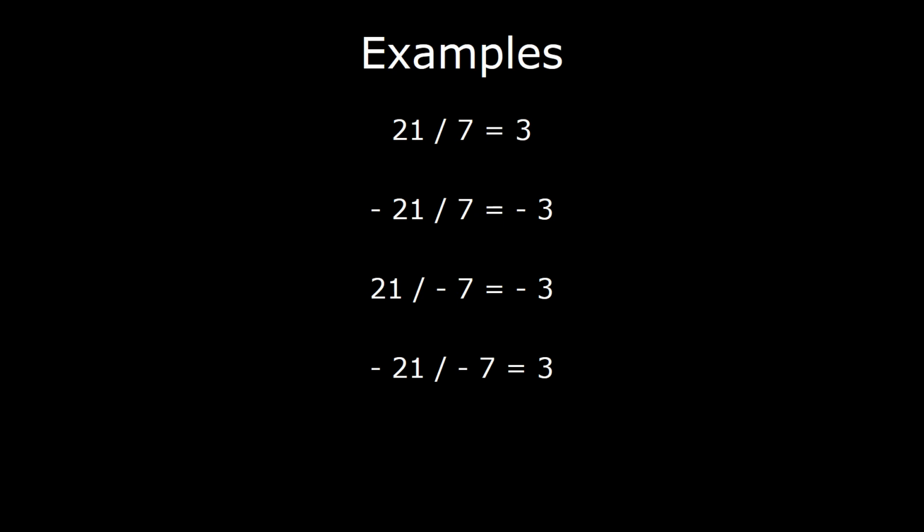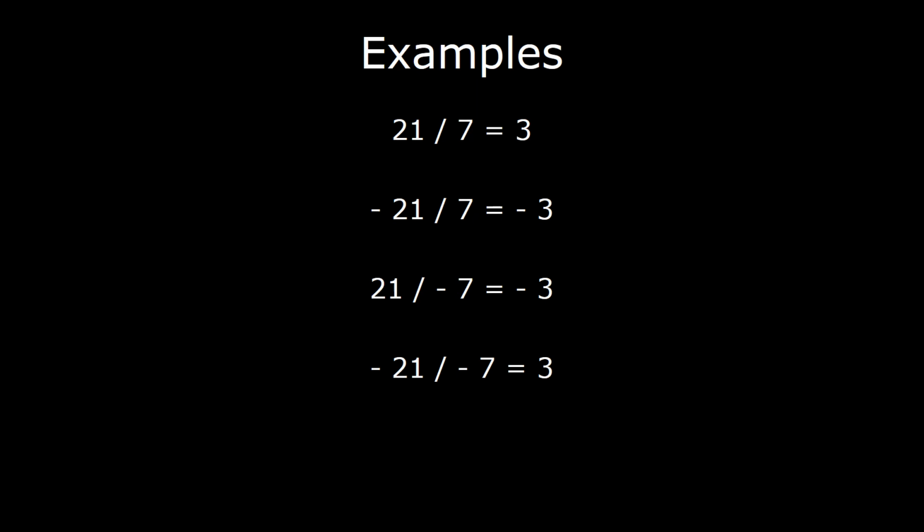So we have one negative sign, and in order to get a positive product, we'll need to have another negative number in our multiplication. So that something will be minus 3. So we have 21 upon minus 7 equals minus 3.